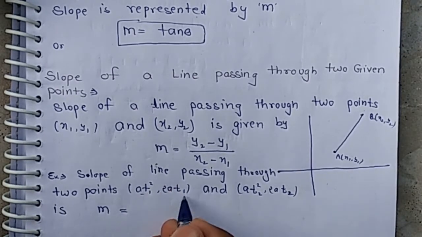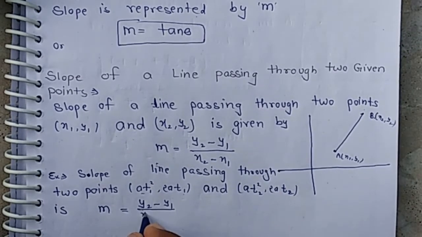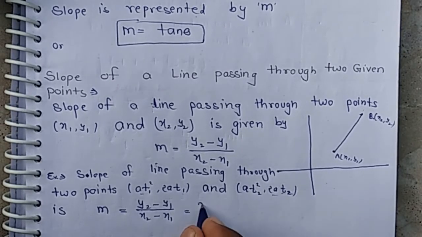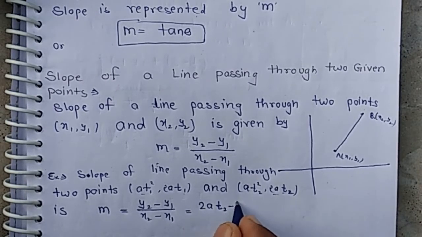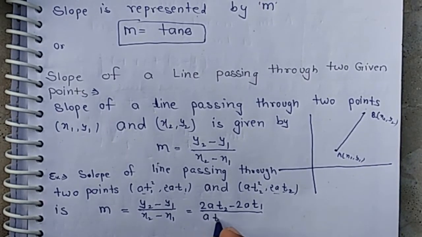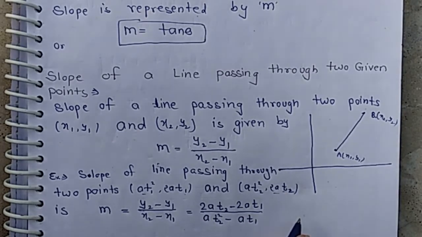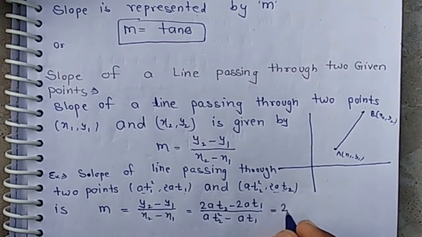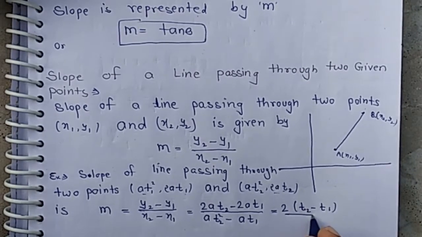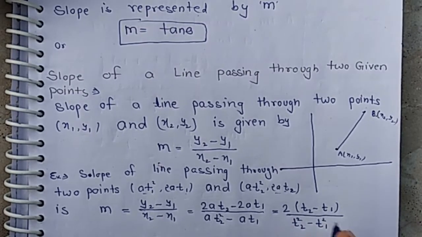It is x1 y1 and it is x2 y2. Then m equal by the formula y2 minus y1 upon x2 minus x1. y2 minus y1 means 2at2 minus 2at1 by x2 minus x1 means at2 square minus at1 square. A cancel out. We have 2 bracket t2 minus t1 by t2 square minus t1 square.